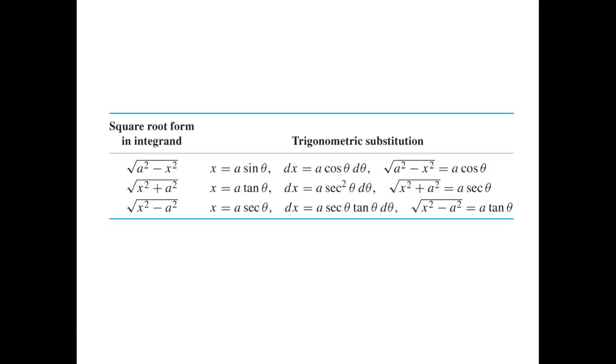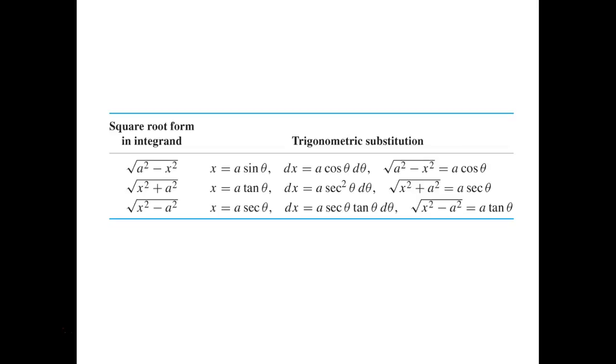Okay. This is your tangent substitution. x equals a tangent theta. Okay. And another way you can write that. Excuse me. This thing becomes a secant theta, just like we did in the last problem.